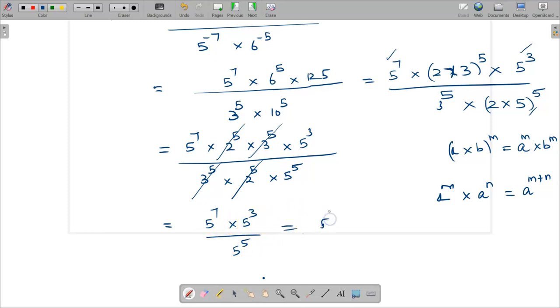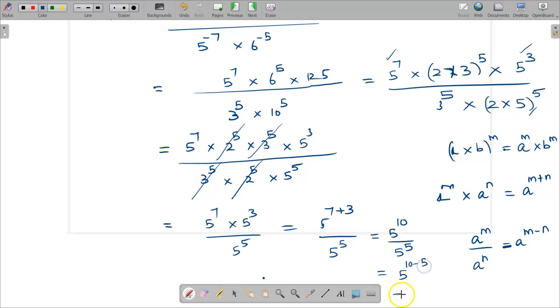So 5 power 7 plus 3 divided by 5 power 5, which is 5 power 10 divided by 5 power 5. Again we have the rule a power m divided by a power n, which I can write as a power m minus n. So how can I write this term? 5 power 10 minus 5, which is nothing but 5 power 5.